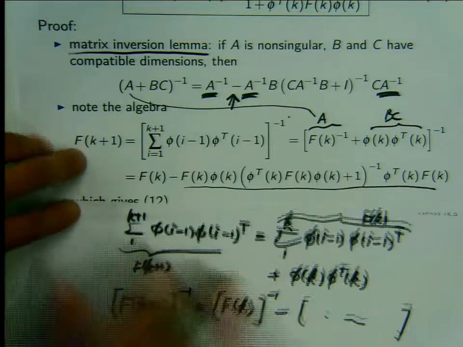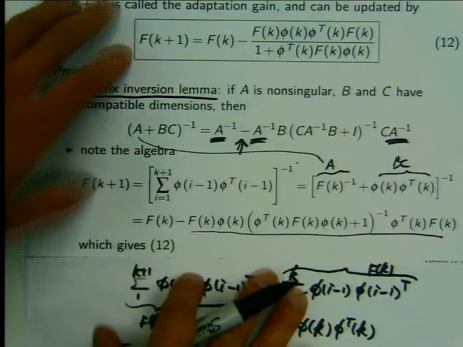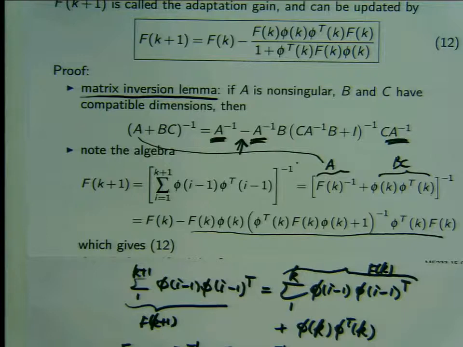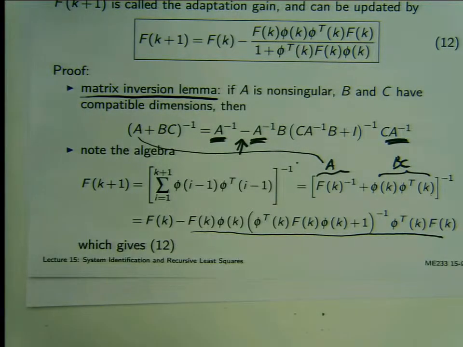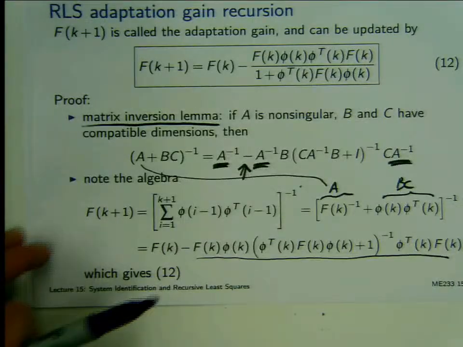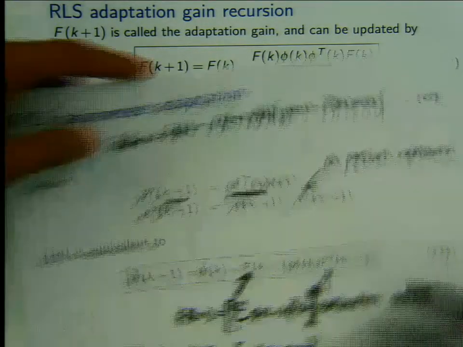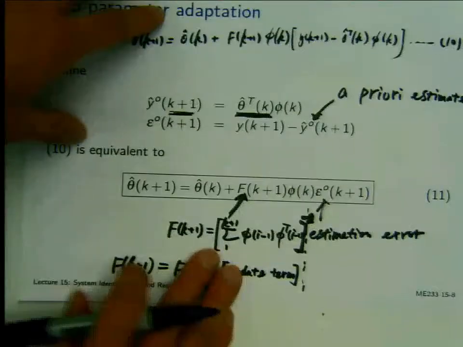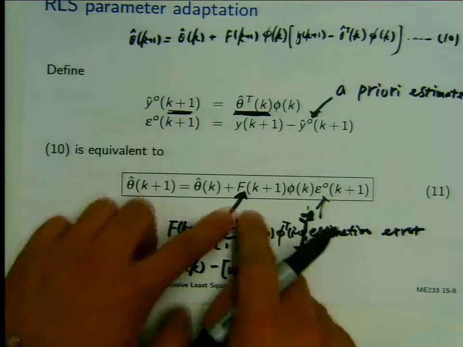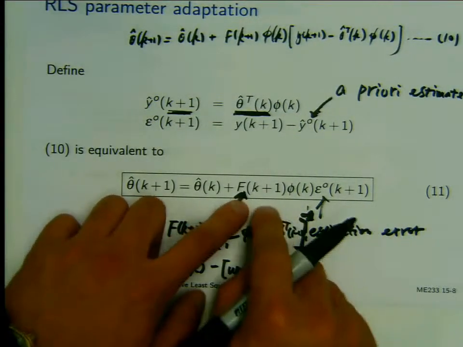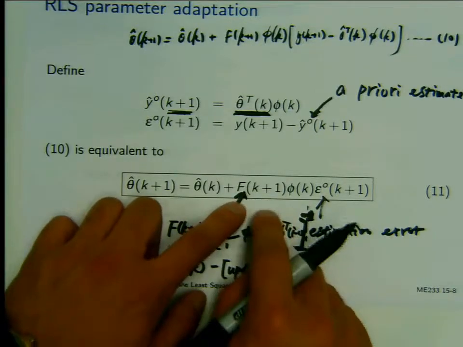So where are you guys confused? So here is just a, yeah, just for calculating this, because when you want to do this, you need to know what's Fk plus 1.